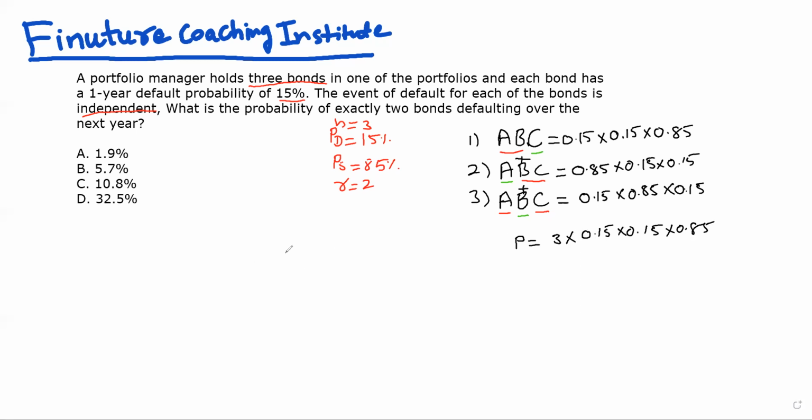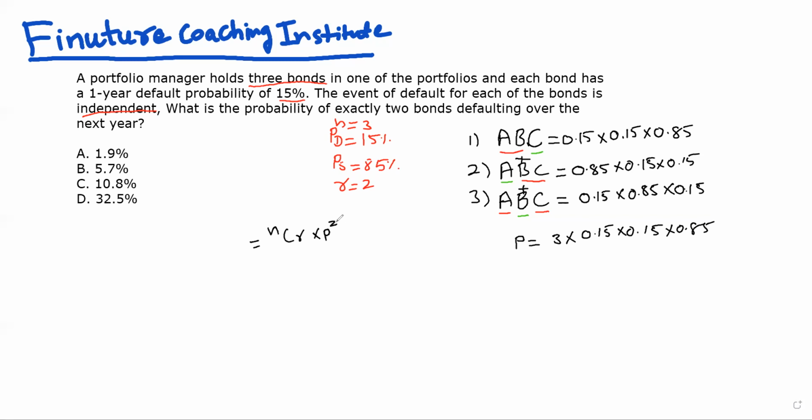Otherwise, the very straightforward way is the binomial distribution formula, which is nCr, in how many ways you can select r objects out of n, into the probability of the event, in this case the probability of default, raised to r, the number of bonds that you're looking for defaulting. Here we are looking for two bonds defaulting.